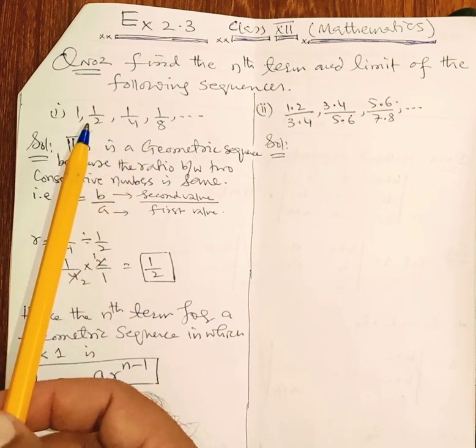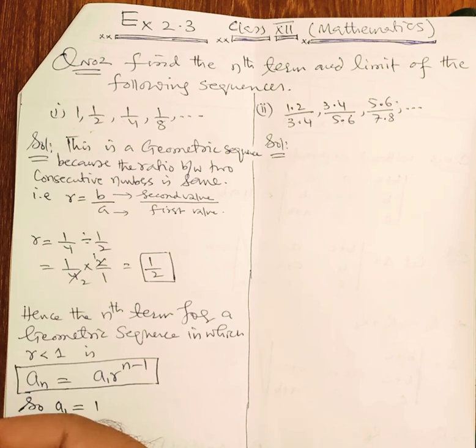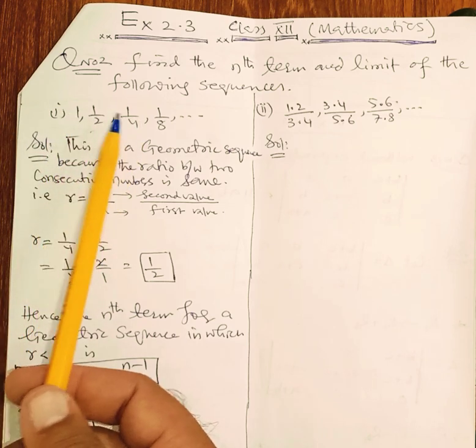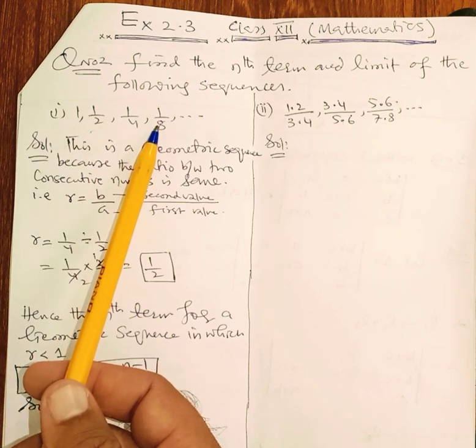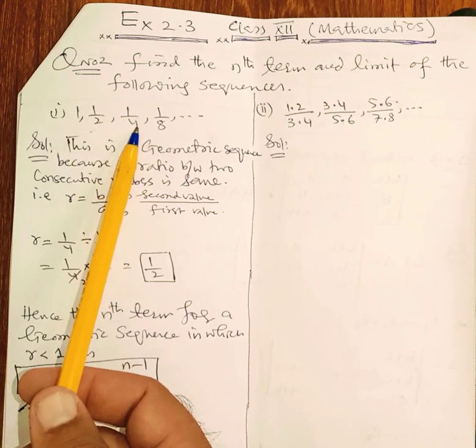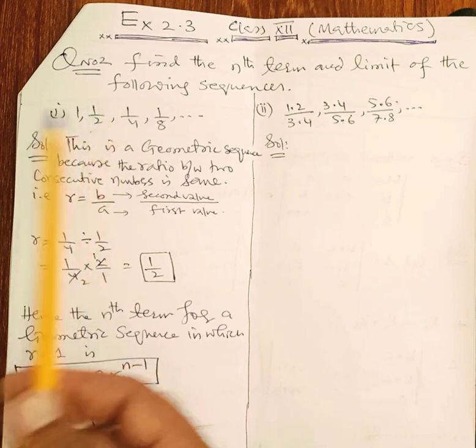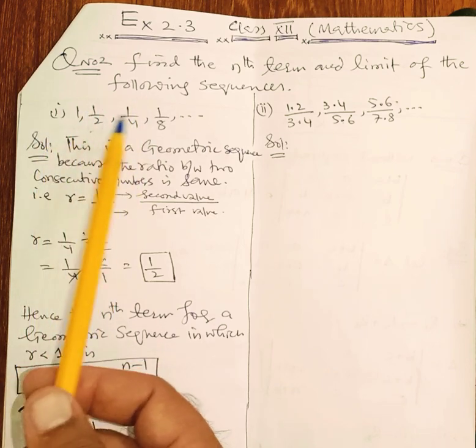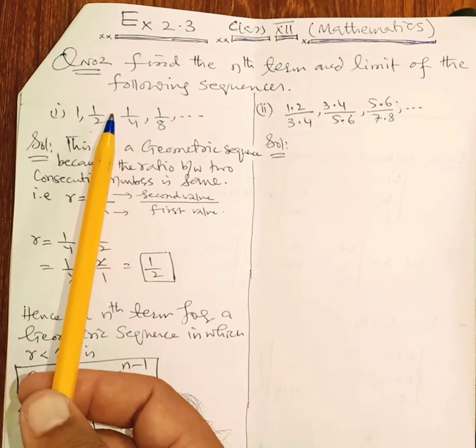For an arithmetic sequence, we find the difference between two numbers, for example 1 over 8 minus 1 over 4. If the difference between all these consecutive numbers is the same, then it is an arithmetic sequence.